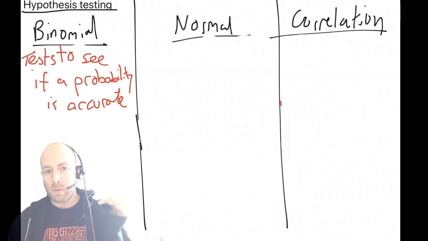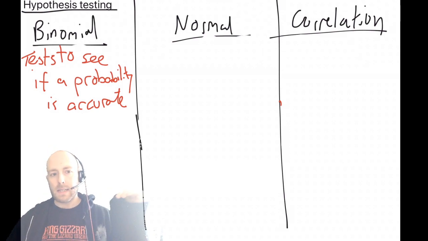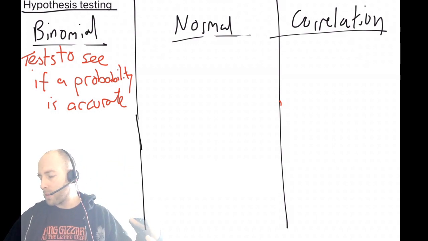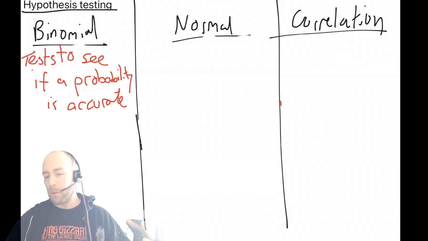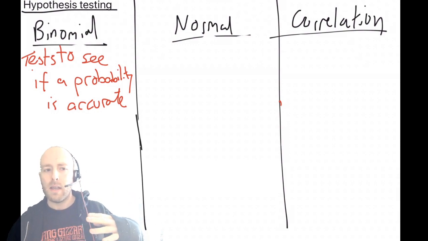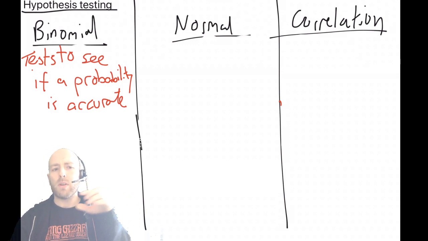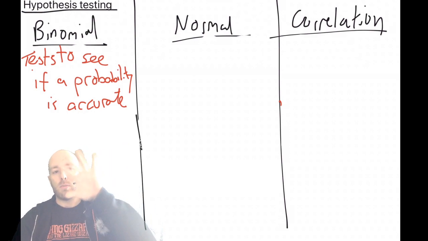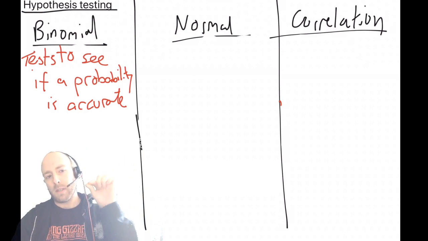What we do for one of these tests is we take a sample. So we take a smaller group, which is the number of trials. We take a smaller group from that population. We see how many wins we get, and we say, okay, we won this many times in our sample. Does that seem likely if the population was stated to have a probability of winning of this?